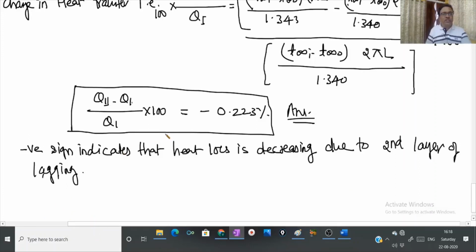Q2 is less than Q1, that is why this percentage variation, (Q2 minus Q1) over Q1 into 100, is coming out negative. So this way we could solve this problem.